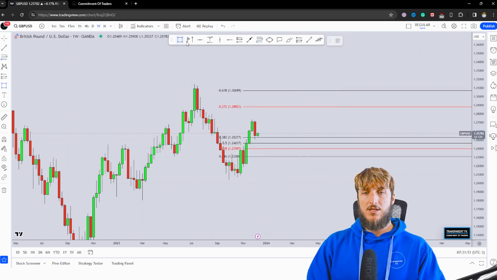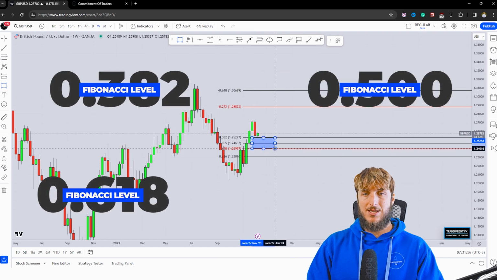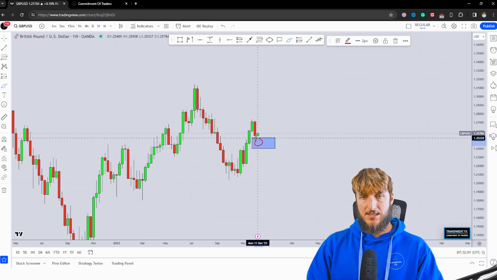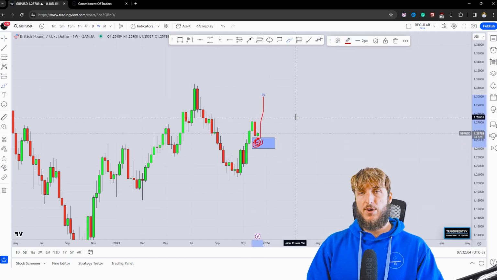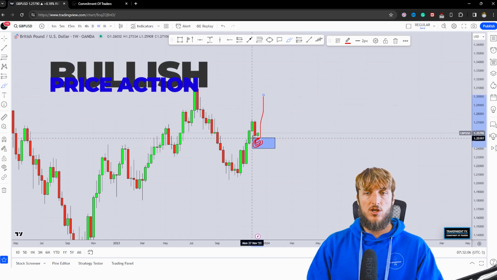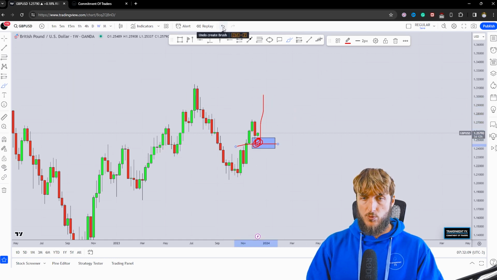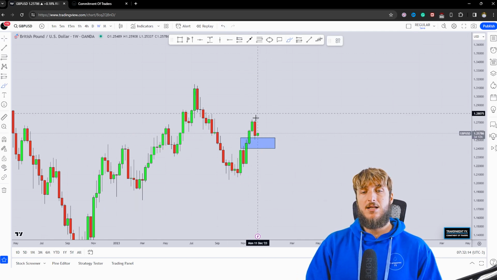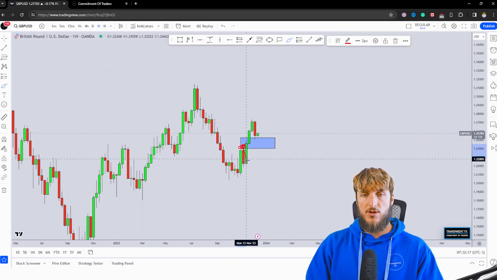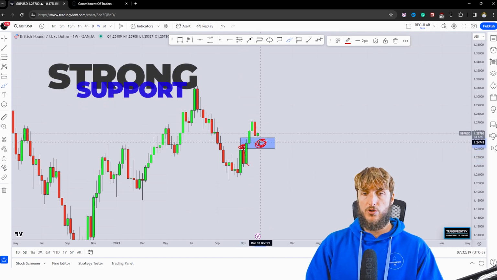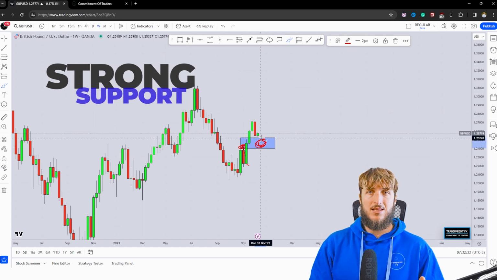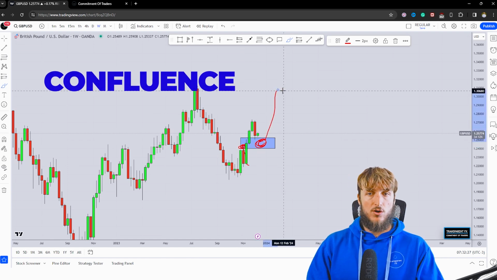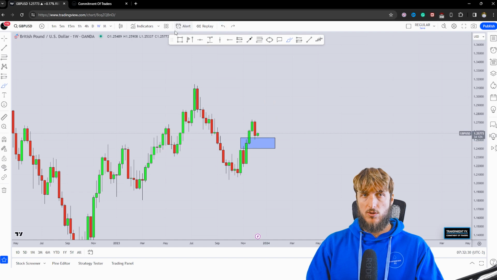And if we do that, we can see how we have the 0.382, 50% and 0.618 Fibonacci retracements all lining up exactly inside of this area that we could in fact expect this market to reject to the upside, because here we actually have confluence of support because we have both those Fibonacci levels, and if we extend the level to the left, we can see that this is also the zone inside of which we have the previous weekly resistance turn support. So since we have both the Fibonaccis and the structure, we actually have confluence of support inside of this area from which we could in fact expect a potential rejection to the upside.